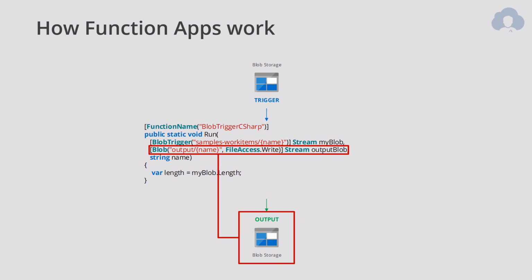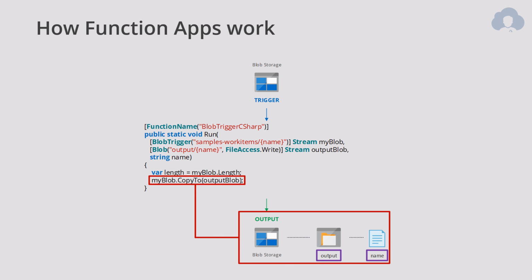And lastly, if you want this output, you just add an additional line saying blob. This is no longer a trigger, so it's just a blob. You specify the container name, you specify the file access, which is in this case writing because we're processing the file. And you can just type a blob, copy to output blob, and with one line of code you're making a copy of the blob into an additional container, into additional storage.